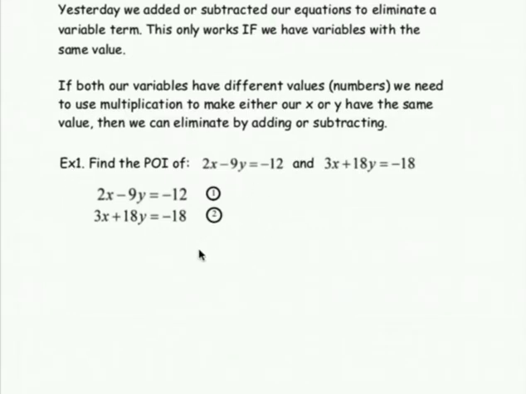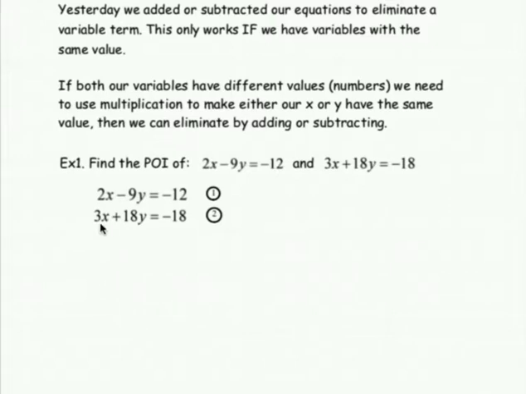So when we stack them on top of each other, we take a look and we're like, nothing can be eliminated quite that easily, because if we add these together, we're going to get 5x and we're going to get 9y. So we're still stuck with 2 letters.